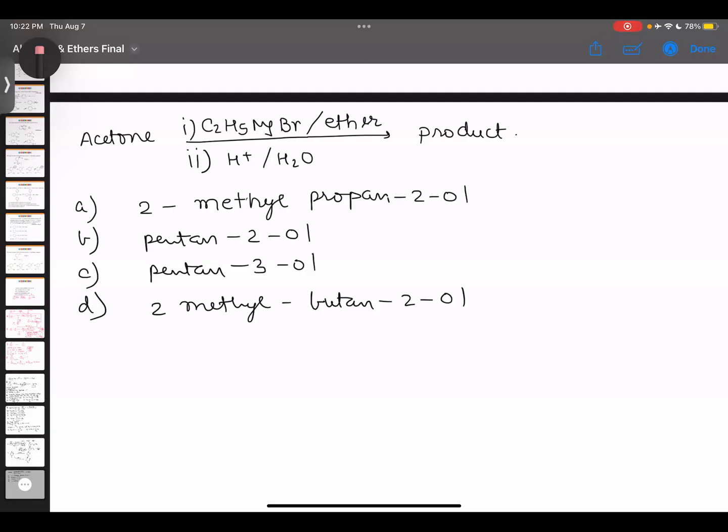Acetone is there, that is propan-2-ol. This is from the recent NEET 2021.